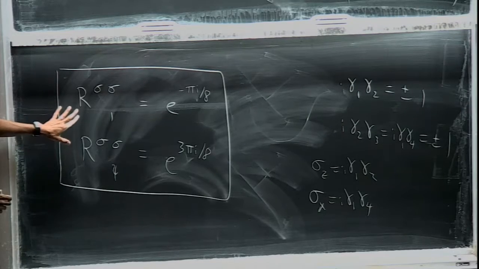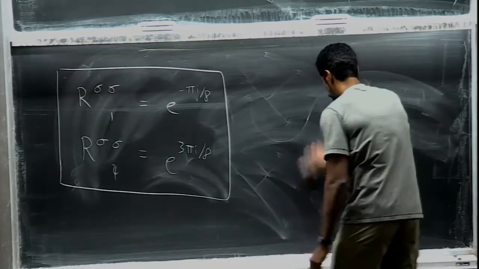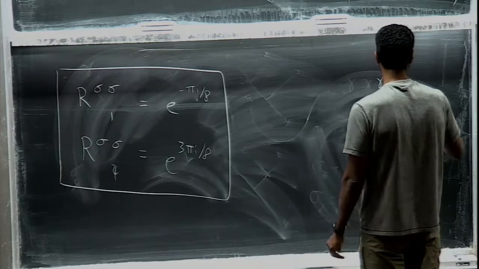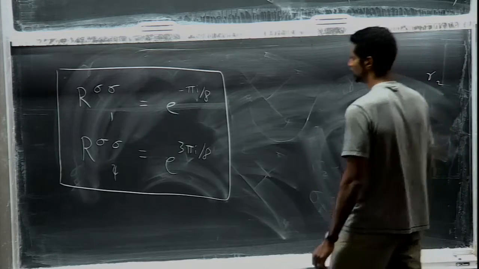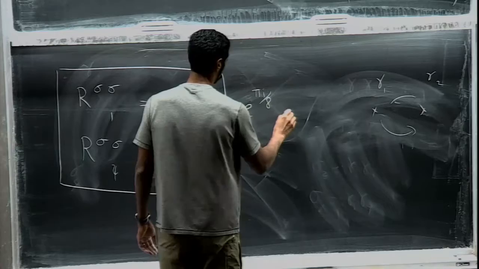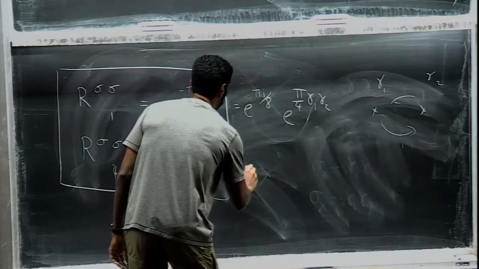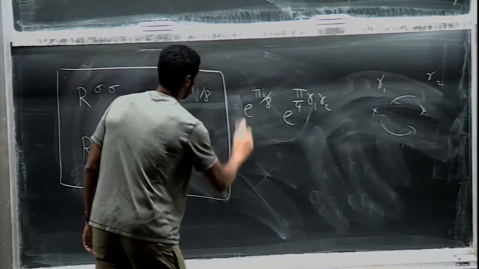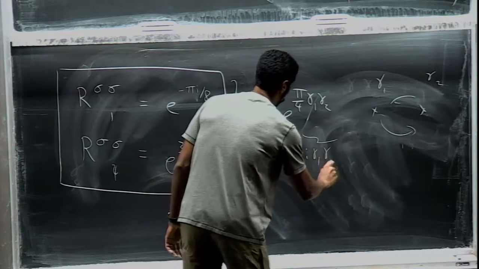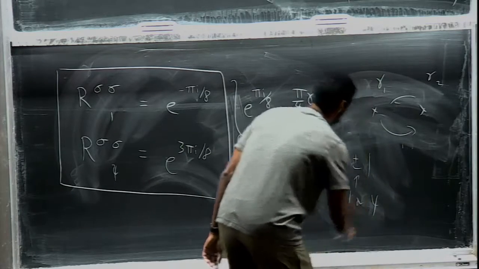Now, if you look at this solution and think back in terms of zero modes, gamma 1, gamma 2, and what we're doing is braiding them around each other, then I could rewrite this whole thing as this, where I gamma 1, gamma 2 equals plus or minus 1 corresponds to 1 or psi.